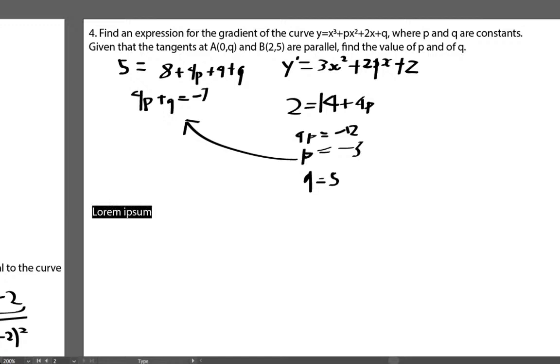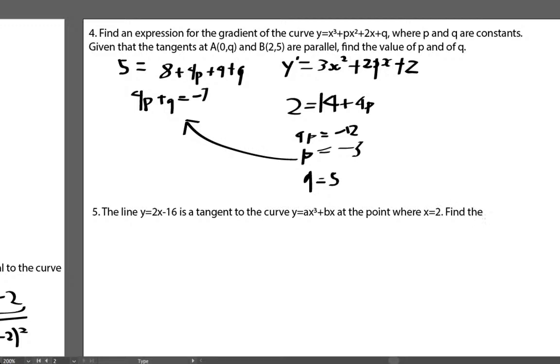Number 5 here, which is part 17 in the book. The line y equals 2x minus 16 is a tangent to the curve y equals ax cubed plus bx at the point where x equals 2.